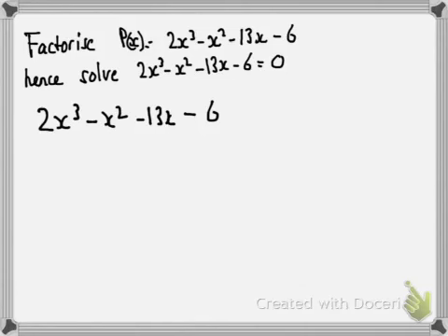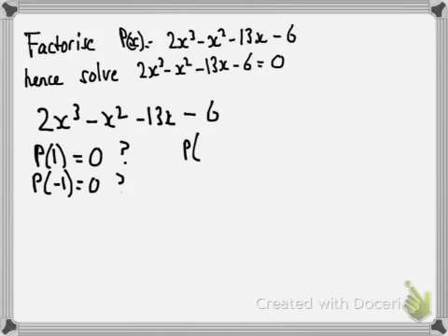So we have to find out whether p of 1 equals 0. Does p of negative 1 equal 0? Does p of 2 equal 0? Does p of negative 2 equal 0? And so on. We've got to find that first factor.